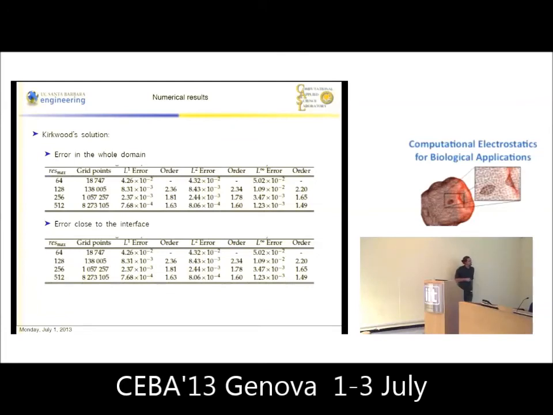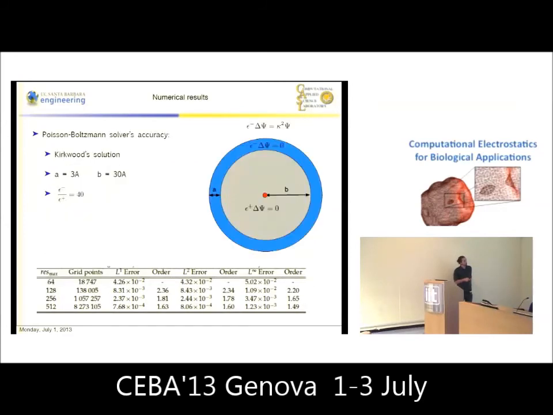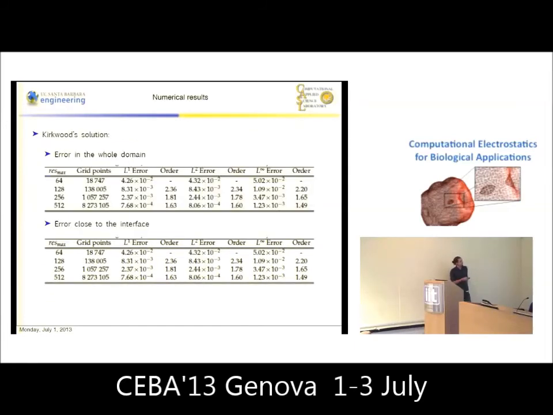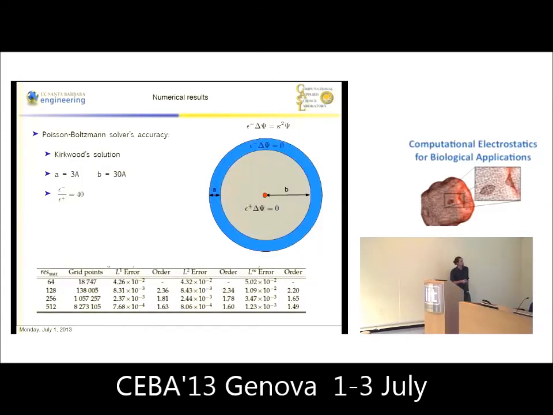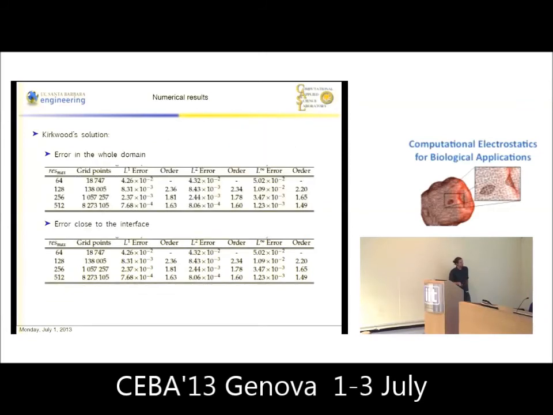And so another thing that I wanted to say about this example is, this is the error analysis in the whole domain. So we compute the error in the whole domain. And here, this is the error analysis just taking into account the blue section, so close to the interface.